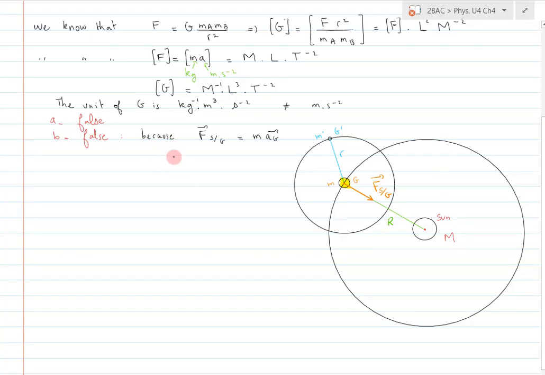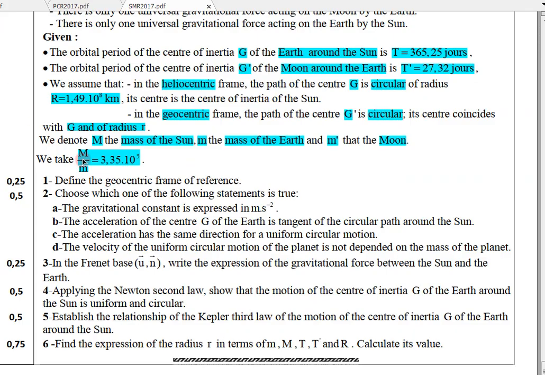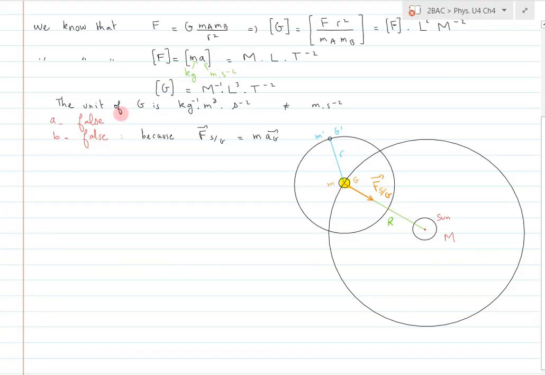Let's move to C. The acceleration has the same direction for a uniform circular motion. This is also false because the acceleration is constantly changing. The direction of the acceleration vector is always changing.